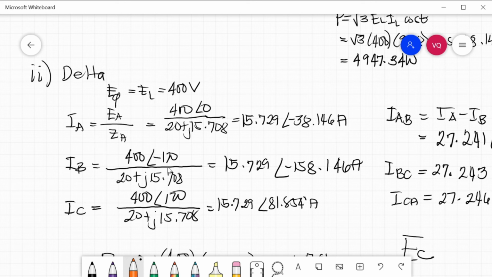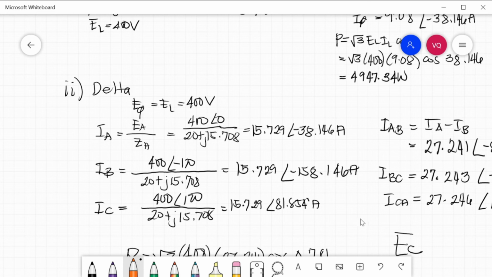IB is EB divided by the impedance per phase: 400 angle negative 120 divided by 20 plus j15.708 equals 15.729 angle negative 158.146 amperes. For IC, 400 angle 120 divided by 20 plus j15.708 equals 15.729 angle 81.854 degrees amperes.